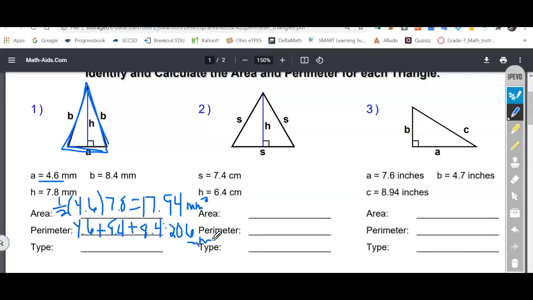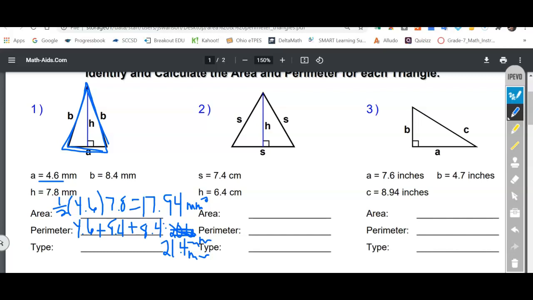Oh, it would be nice if everybody participated, then we would know. Thank you. So you said 21.4? 21.4 millimeters. All right, what type of triangle is this? Come on, people, the quicker we get through this, the more time you'll have to get this done in class and not have as much homework.